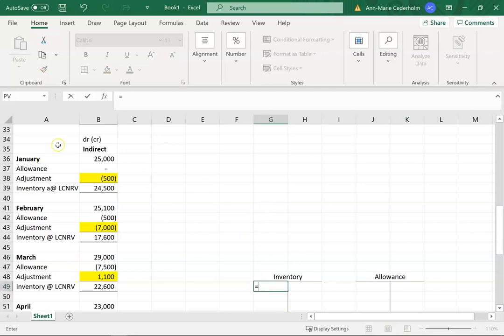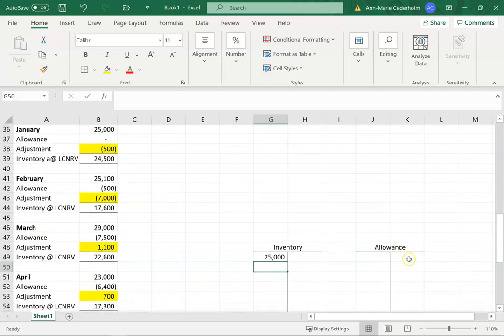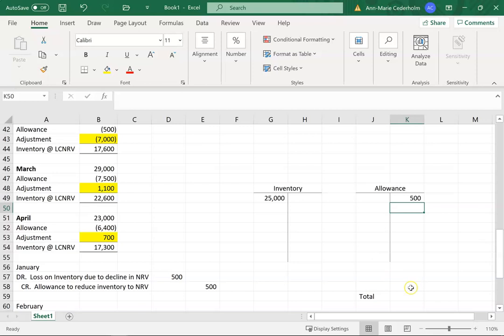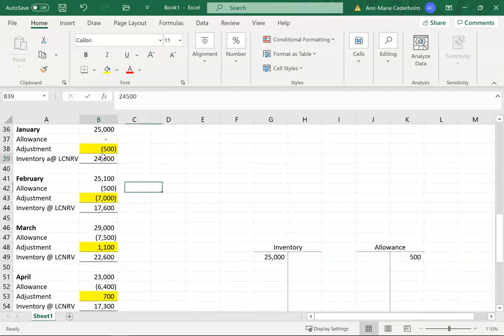So I had 25,000 in inventory, and then I made an adjustment of 500. Then that total together gives me 24,500, and that's the number that I want here.